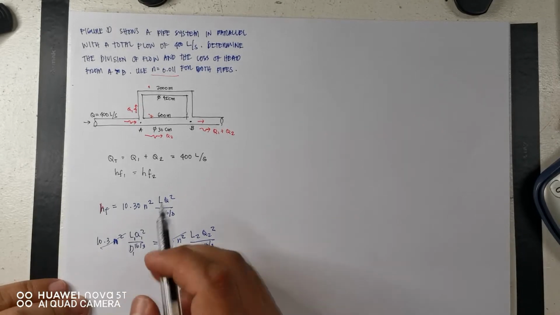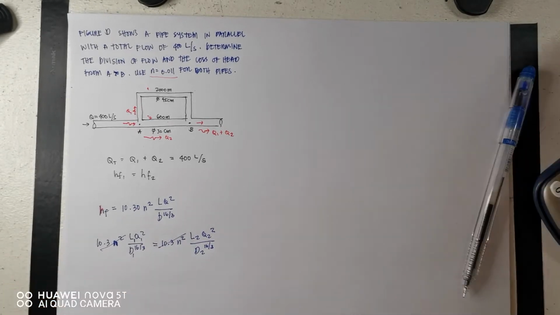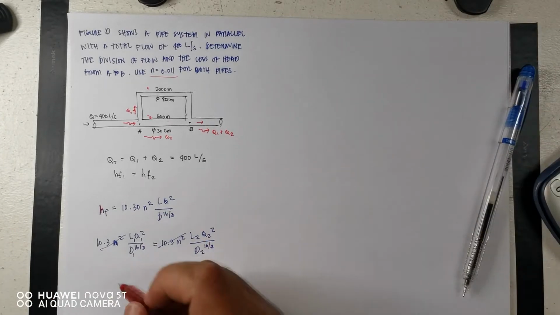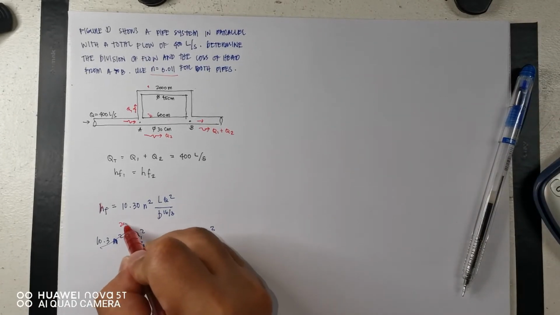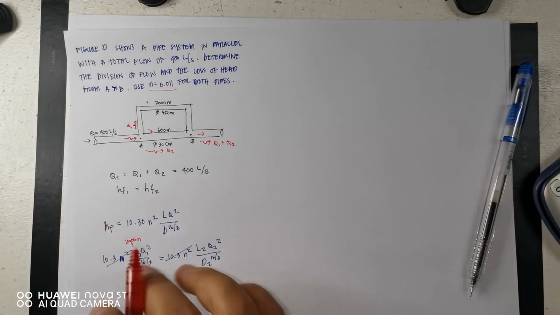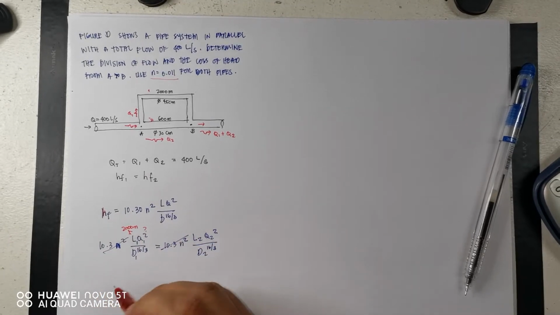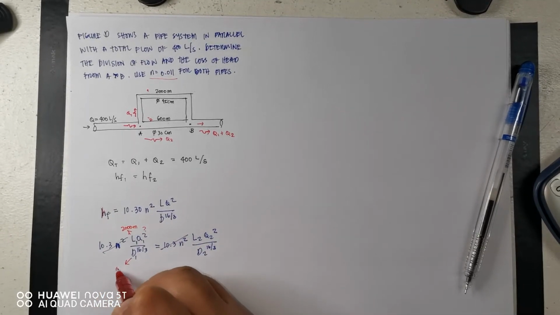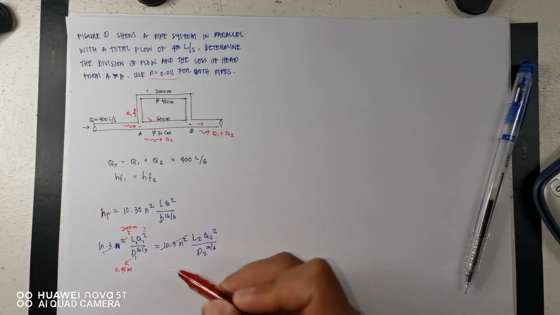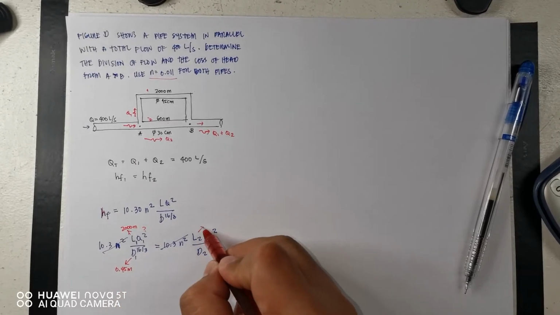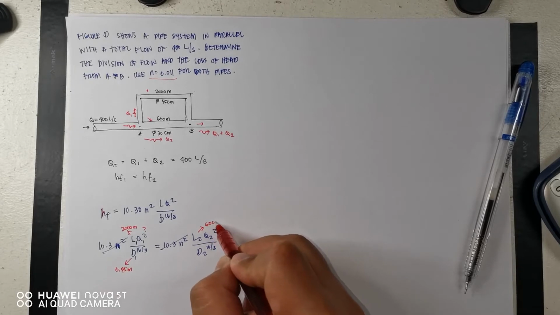Okay, try natin i-substitute kung ano yung mga meron tayong values. Si L1, alam natin ito ay 2,000 meters. Si Q1, di natin alam. Si D1, alam natin, which is 0.45 meters. Si L2, alam natin, this is 600 meters.